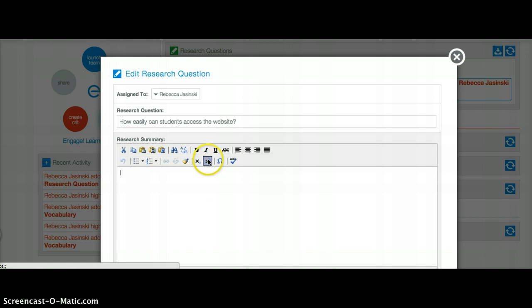Okay? This is very important when you get your research together. Okay? So today you need to develop your research questions as to how you're going to determine if a social media site is worth using in a classroom.